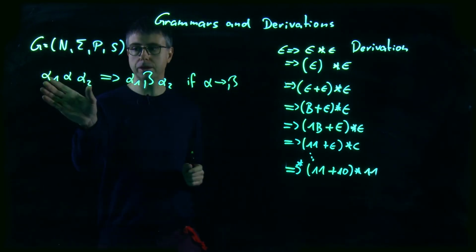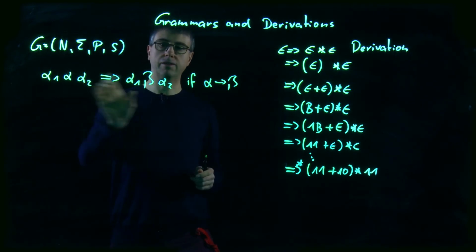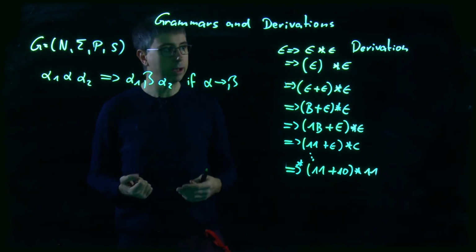So we just keep the surroundings of the alpha, and we just replace this alpha by this beta. So it's the idea of the substitution rule. That's what we have done here in our example.